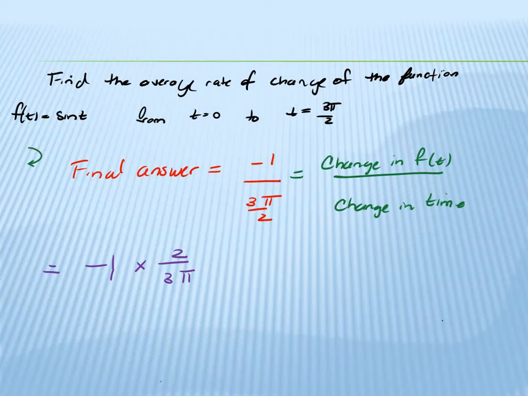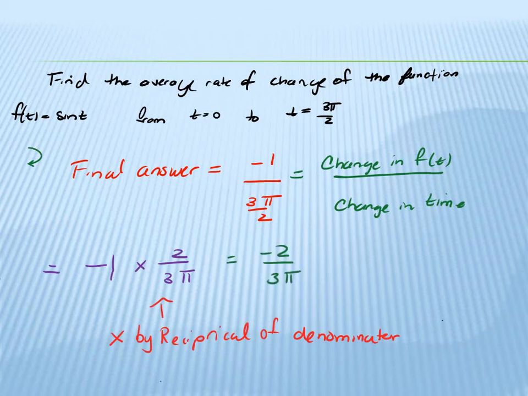So the amount change is going to be minus 1 minus 0, so the numerator is minus 1. Then you take the numerator divided by the denominator, change in the amount divided by the change in time, and you get negative 1 over 3 pi over 2. Now it becomes a process of reciprocating the denominator and multiplying. And that gives you minus 2 over 3 pi.